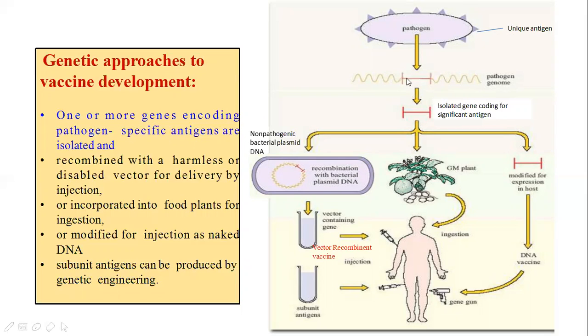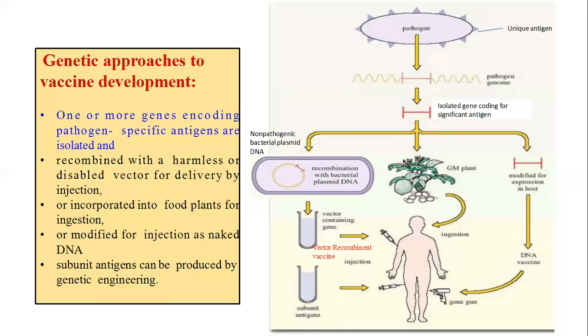This gene is cut out from the virus or bacterial genome. Then this isolated gene that codes for the specific antigen is integrated, via the function of restriction enzymes, into a plasmid.